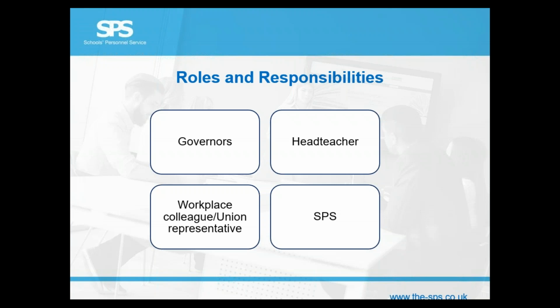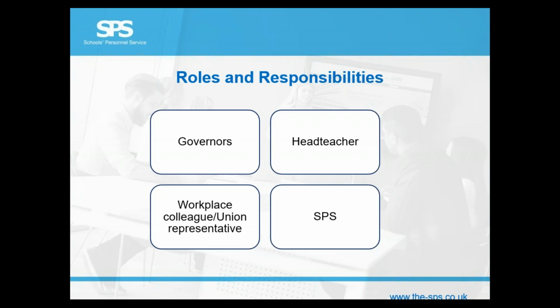They're not involved in the selection of staff for redundancy, but they might give professional or technical advice to governors on what the school needs going forward in terms of skills, knowledge and expertise. So that's the role of the head teacher. And then alongside that, we have workplace colleagues or union representatives.